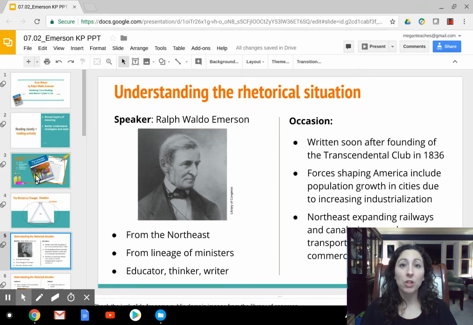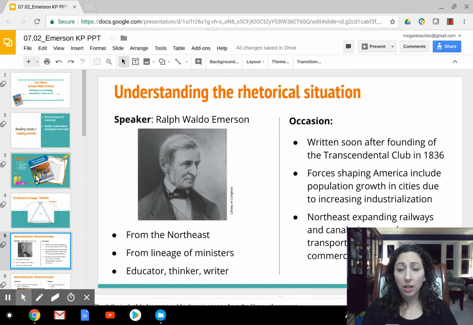And he himself actually was a minister for a short period of time before getting out and really going into the field of education. So he was an educator. He was a very well-known thinker and writer and a fairly prominent voice even within his own time period.